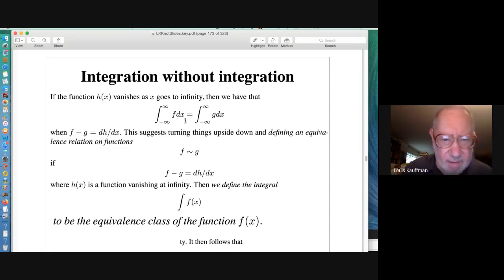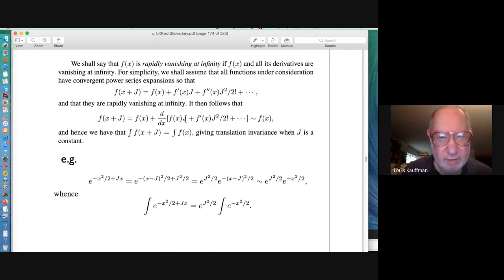That lets you deduce various things. For example, if you shifted your function by a constant, then all the rest of the Taylor series involves powers of that constant, so as far as integration is concerned, they would be the same.